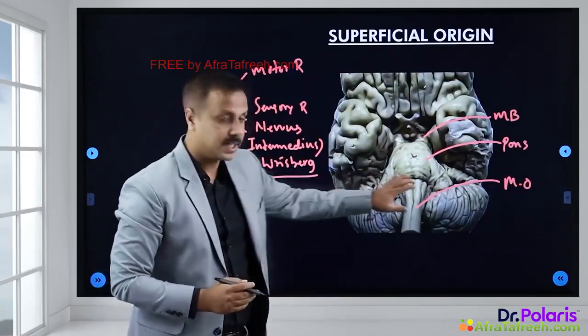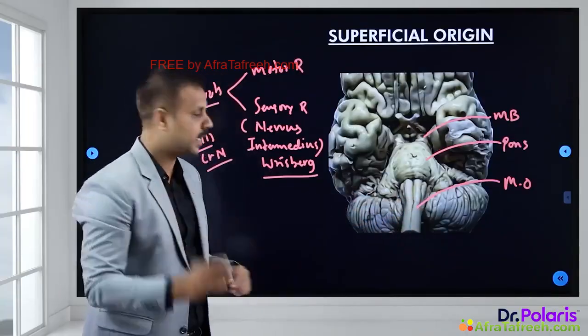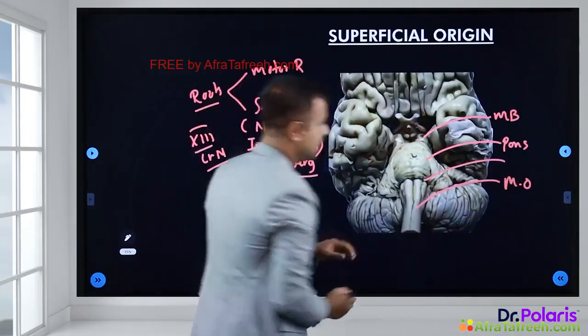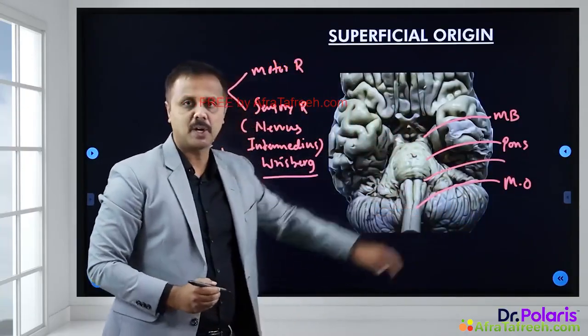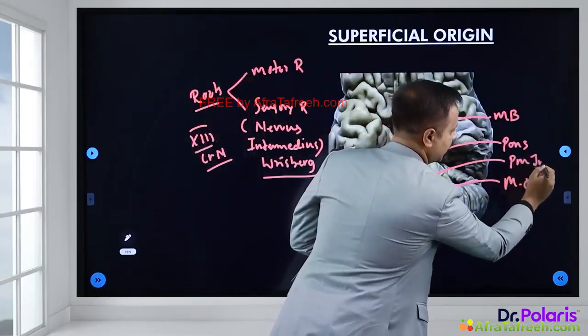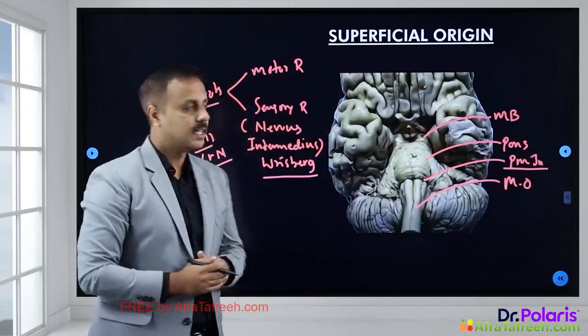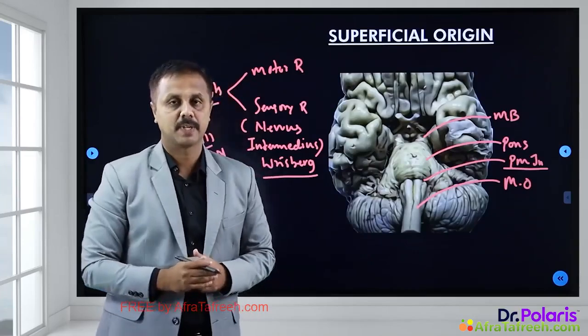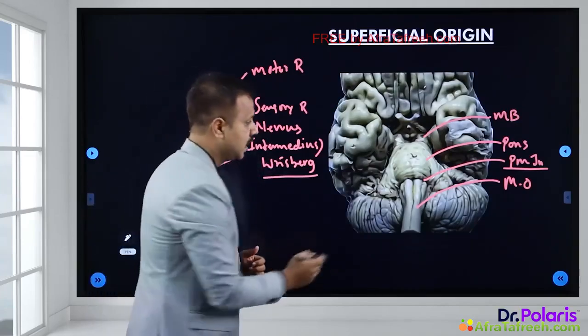In order to identify the attachment to the facial nerve, we need to identify one more important landmark here. That is the junction between the pons and the medulla oblongata, which is referred to as the pontomedullary junction. Right? The two roots of the facial nerve are attached to pontomedullary junction. Let's try to understand how.